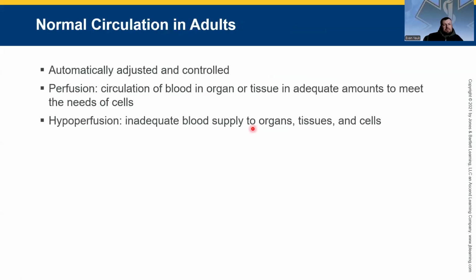Normal circulation in adults is automatically adjusted and controlled. Perfusion is circulation of blood to organs and tissue in adequate amounts to meet the needs of cells. And then hypoperfusion is inadequate blood supply to organs, tissues, and cells. So hypoperfusion is also shock, when we are inadequately supplying blood and oxygen.